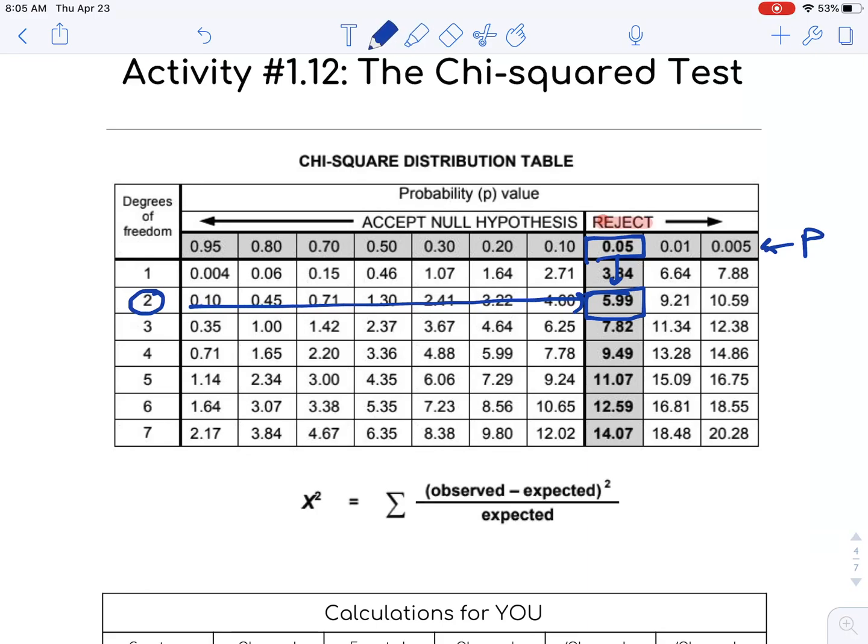And rejecting means that the model is wrong. So we pick the wrong thing. If we are below 5.99, we're going to accept the null hypothesis. And remember, accepting means our model is correct.